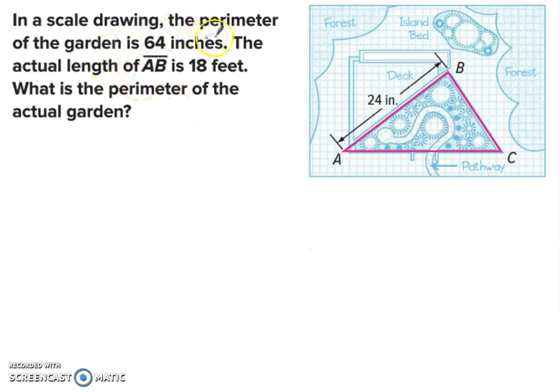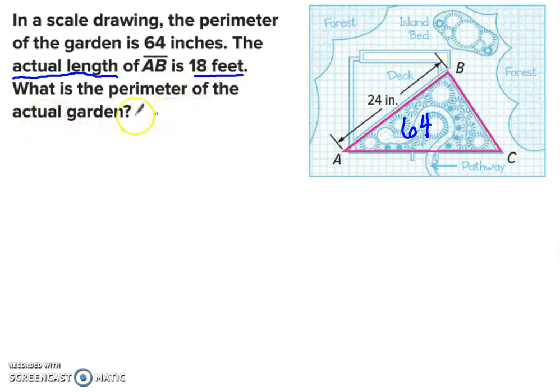Alright, so in the scale drawing, the perimeter of the garden is 64 inches. Here, the whole thing is 64. The actual length of AB is 18 feet. What is the perimeter of the actual garden? So we want to first look: the actual length is 18 feet.